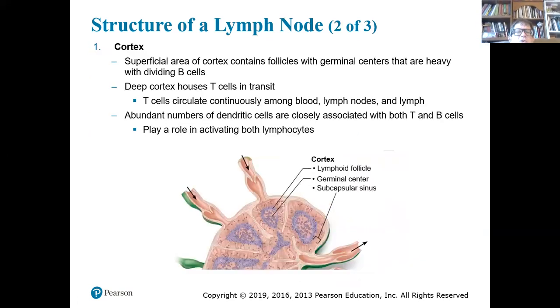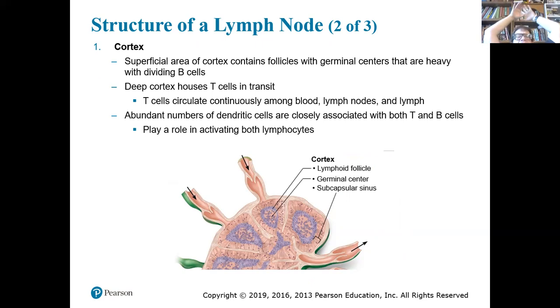All right, so the cortex, the outer layer, has the follicles with the germinal centers that have lots and lots of B cells. That's the superficial cortex, the outermost layer of this outer layer. Then slightly deeper, it's still in the cortex, but it is not right at the surface by the capsule.